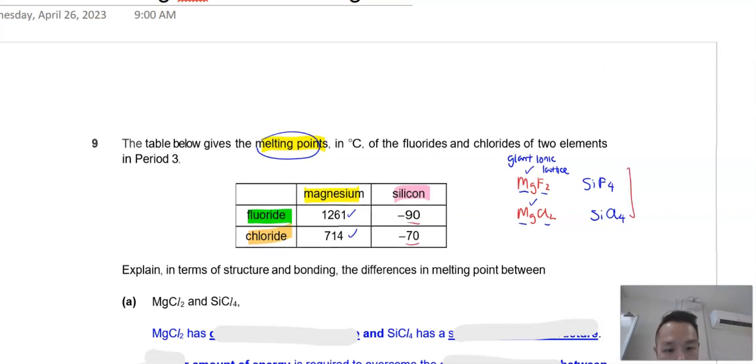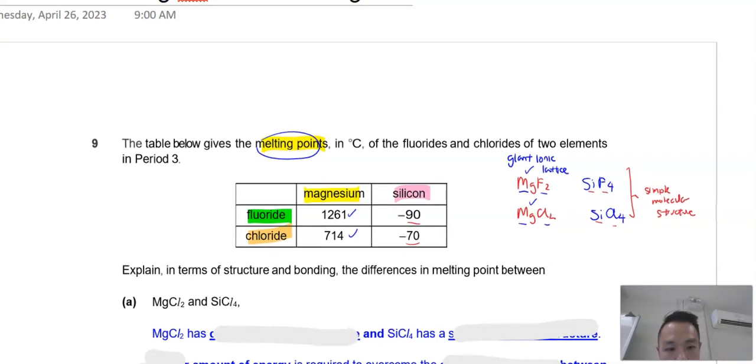So for the lowest melting points, I will predict that these two, because silicon is in between, right? Metalloids. This will be your simple molecular structure.